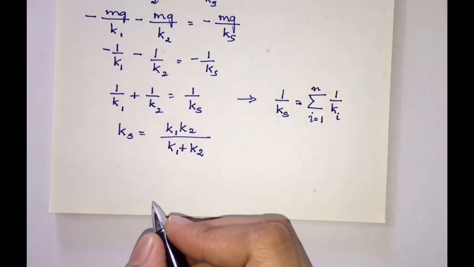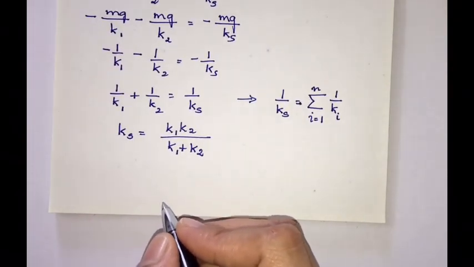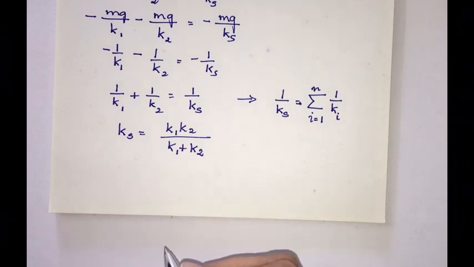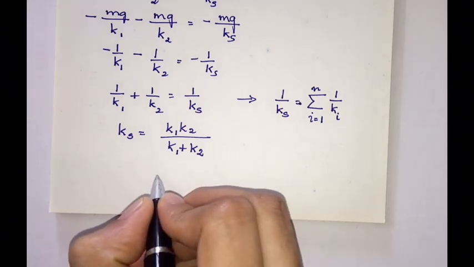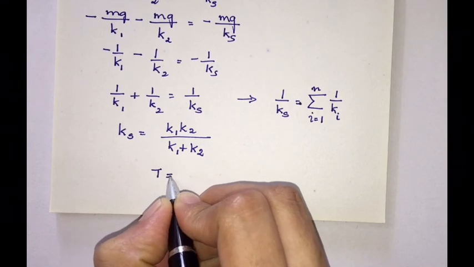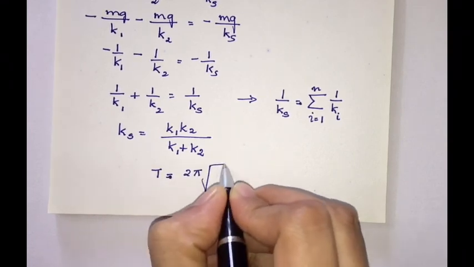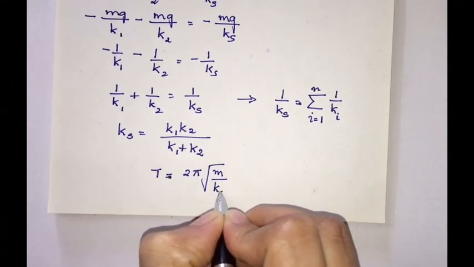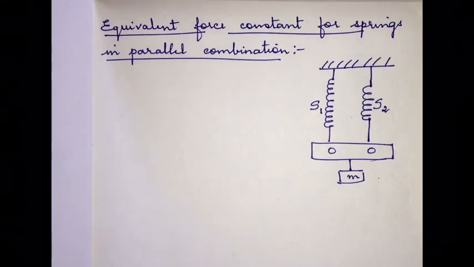Then the time period of oscillation when the springs are in series combination can be written as T is equal to 2 pi square root of m by Ks. In a similar way, let us see what is the equivalent force constant for springs in parallel combination.